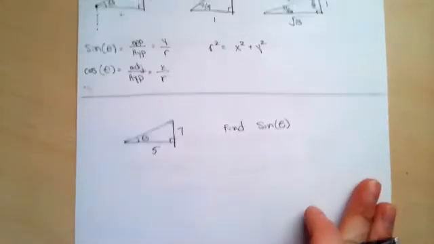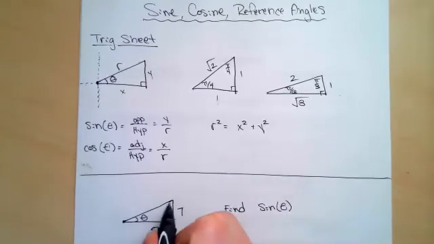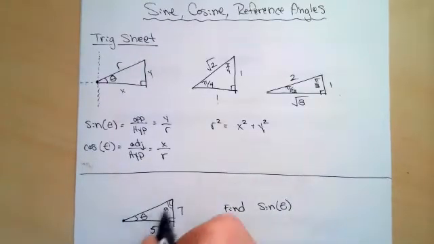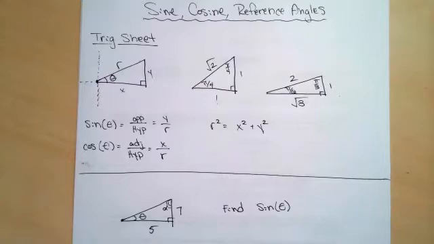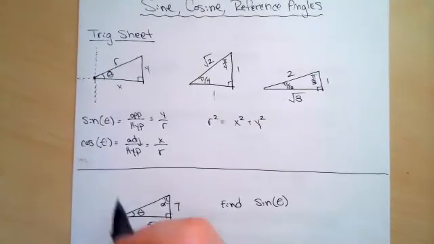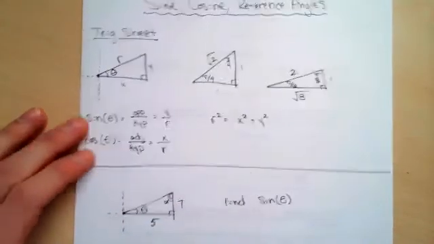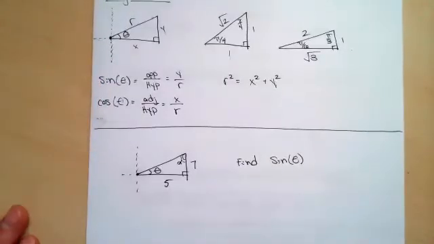So one thing to note is that sine and cosine are always relative to the angle. I could have labeled this angle, let's call it alpha, and relative to this angle, the opposite side and adjacent side are going to be flipped relative to angle theta. So in standard position, we could always just think of theta as our primary angle if we have a coordinate frame.